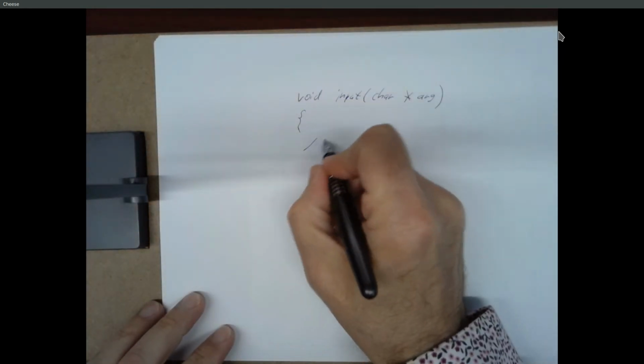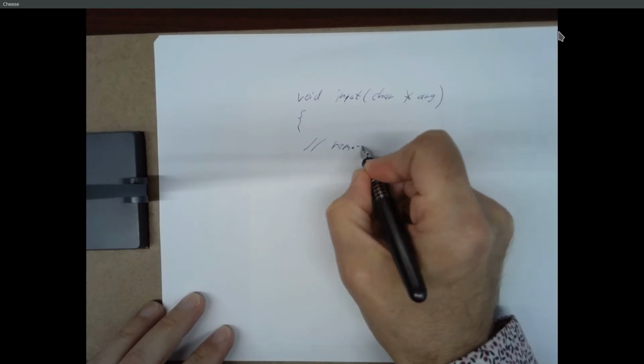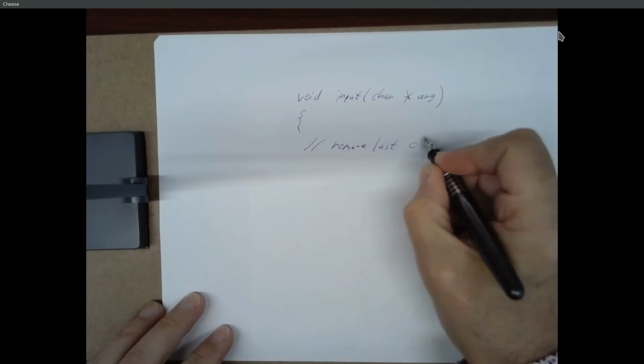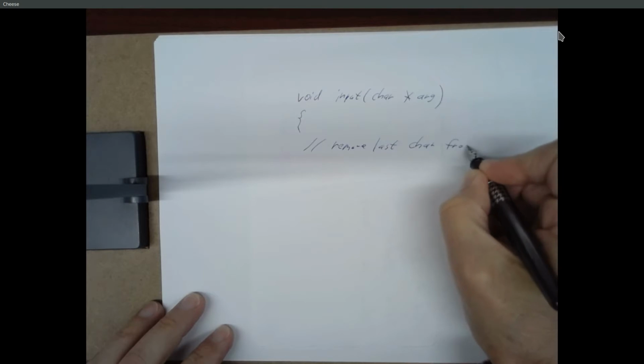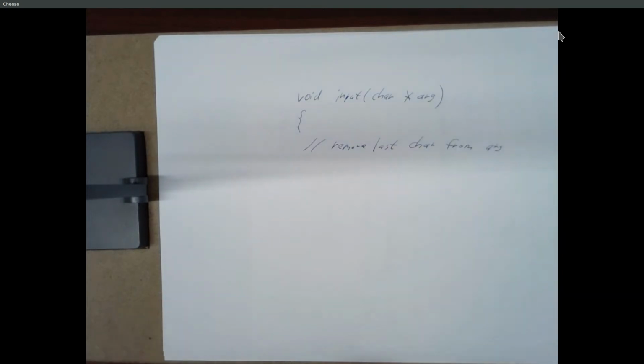What your function should do is remove the last character from that array. You can assume this is a valid string, so it's a null terminated string. It might end with a new line, might not, but whatever the last character is, you want to remove that.